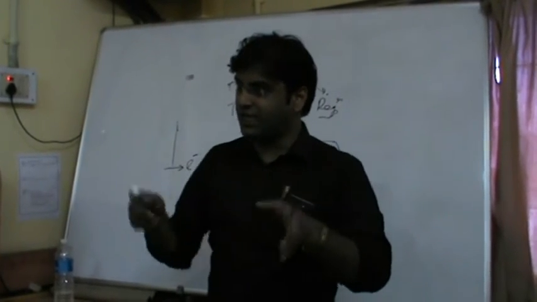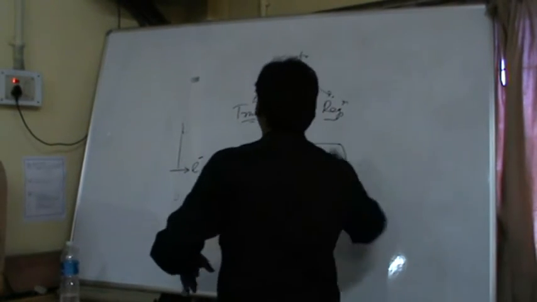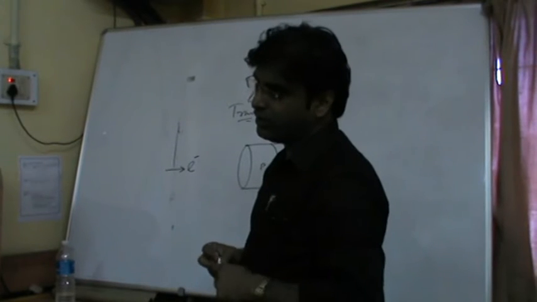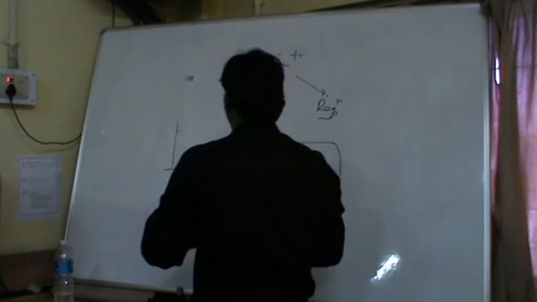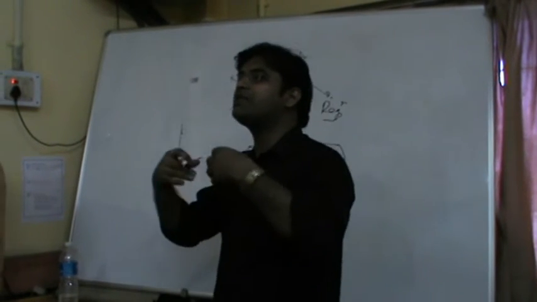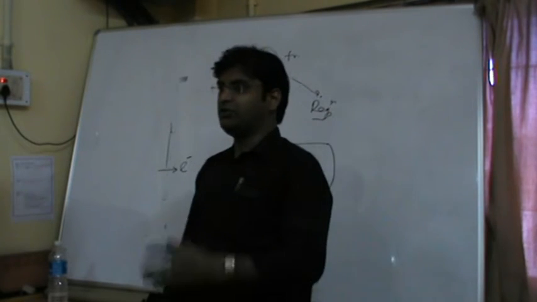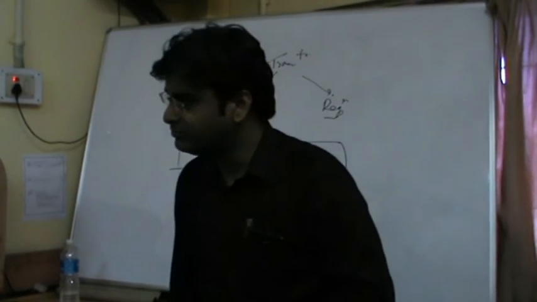The electron is imposed, that means I am biasing this electron to go through this pipe. So biasing means I am introducing some voltage. So biasing means we are introducing voltage.